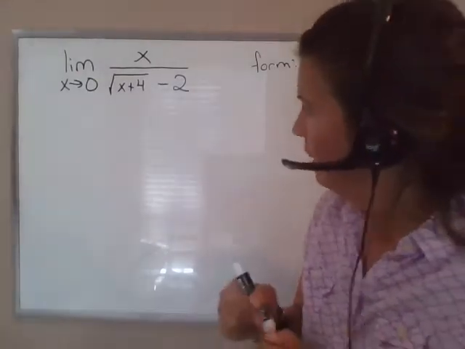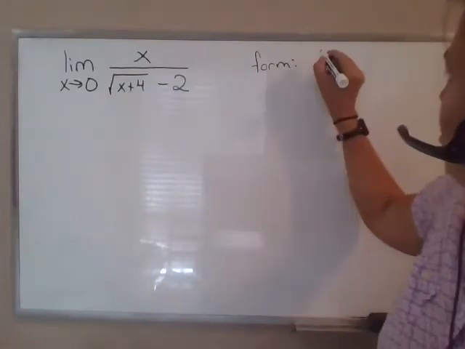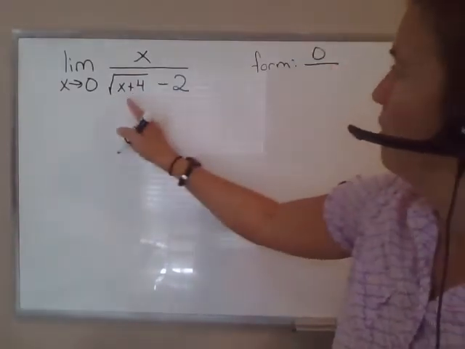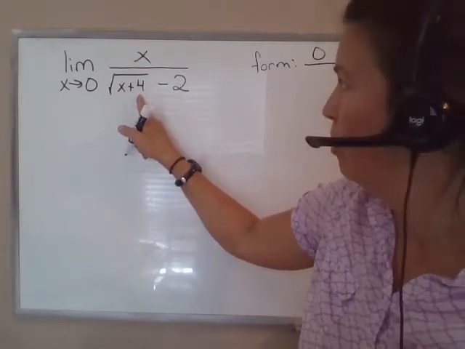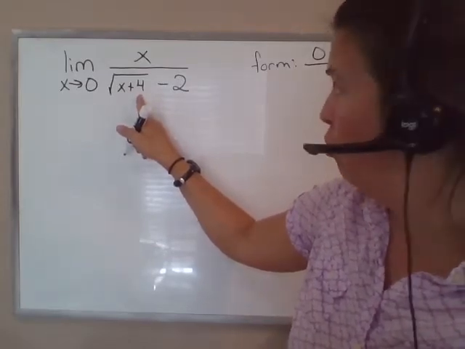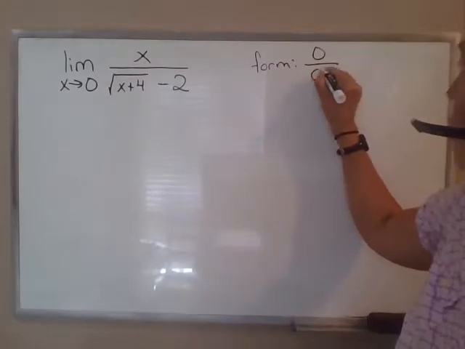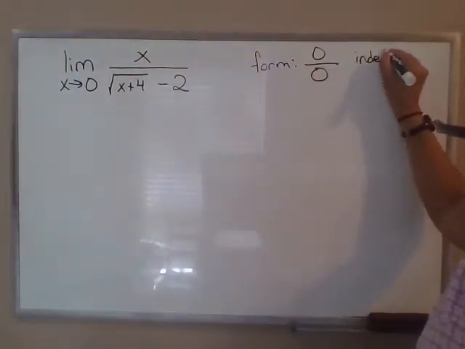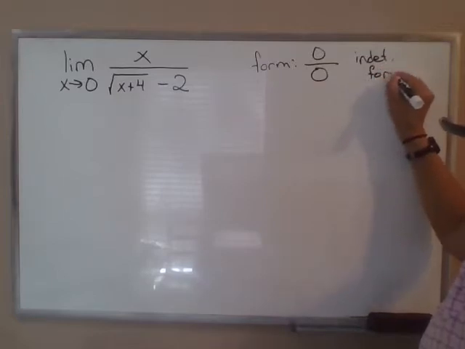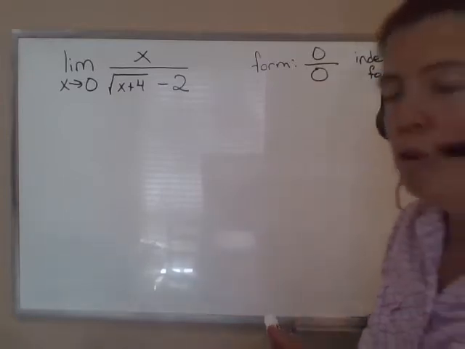However, if we plug in x equals 0, the numerator is equal to 0. The denominator will be the square root of 0 plus 4, so the square root of 4, which is 2, minus 2. We get 0 in the bottom. So we get that old indeterminate form, which, again, this 0 over 0 form tells you two things.